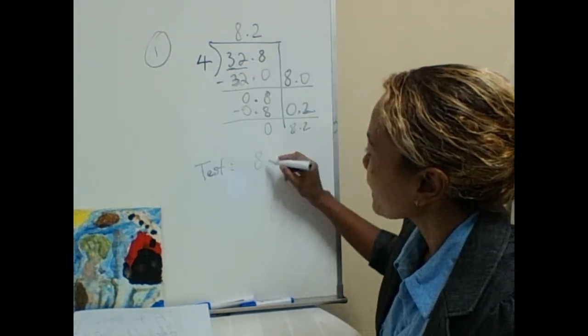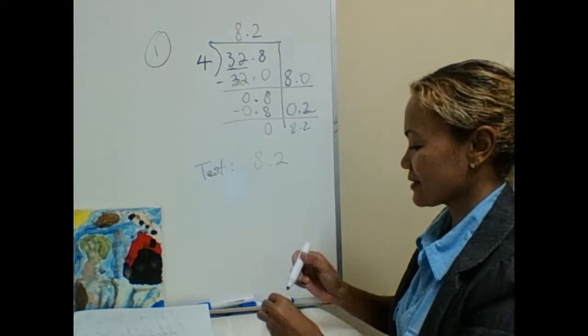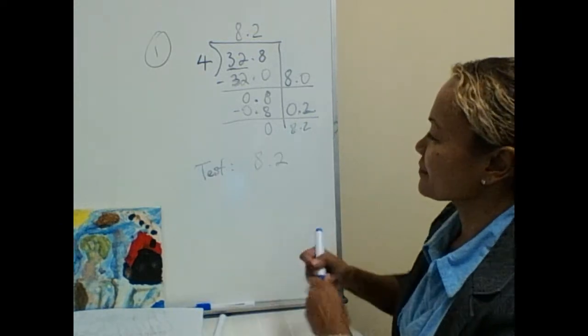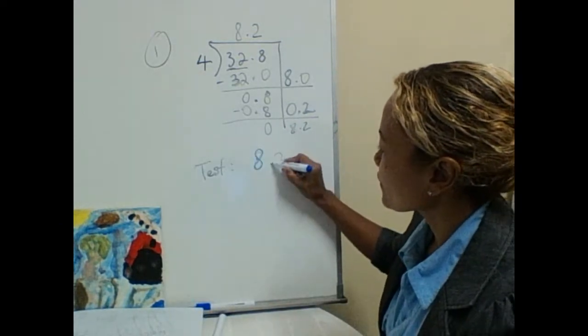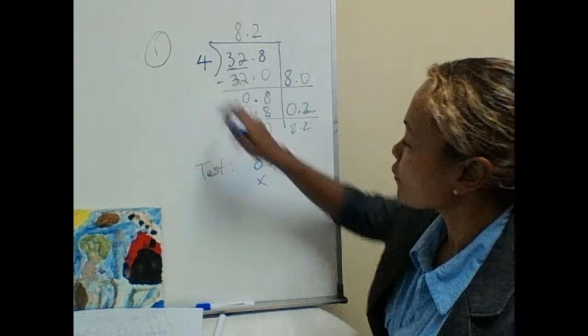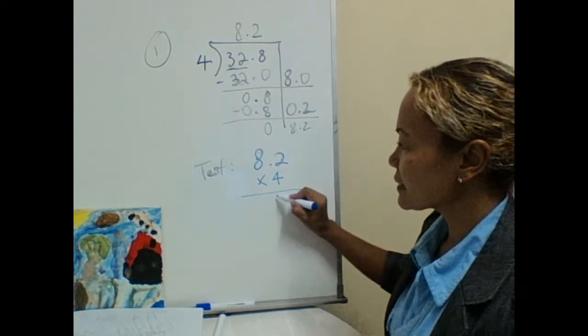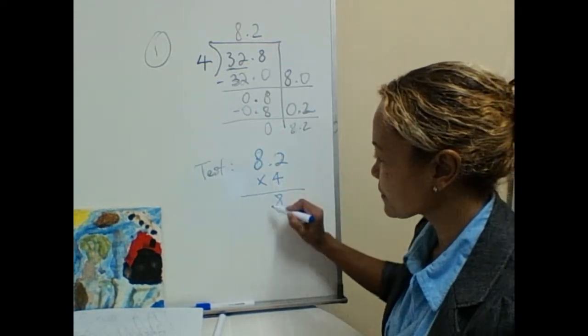Okay, so on the top, 8.2. Let's switch colors. So 8.2 multiplied by 4. 4 times 2 is 8. We're crossing the decimal place.